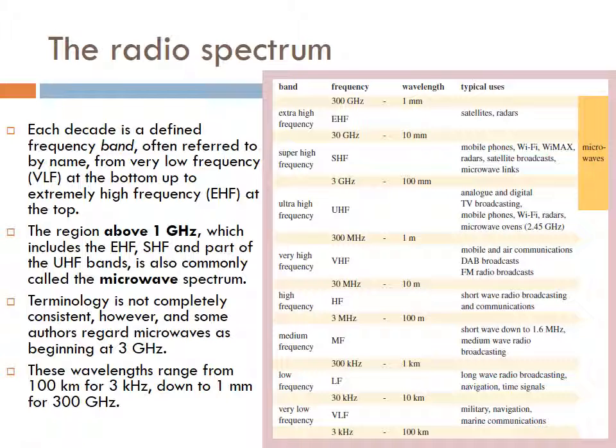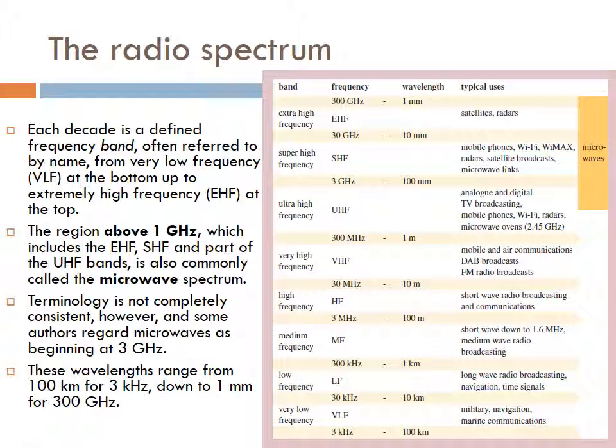Wavelength ranges from 1 to 10 kilometers. These long waves were used for radio broadcasting, navigation, and time signals. Medium wave MF is from 300 kilohertz to 3 megahertz. Wavelength ranges from 100 meters to 1 kilometer. These medium waves were used mainly for broadcasting signals.